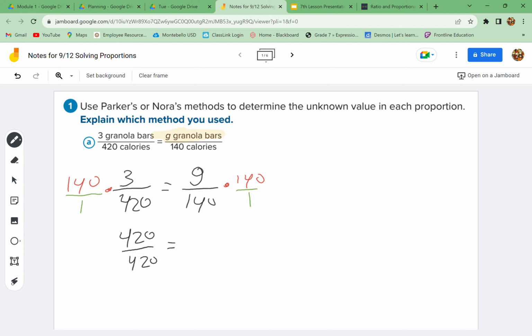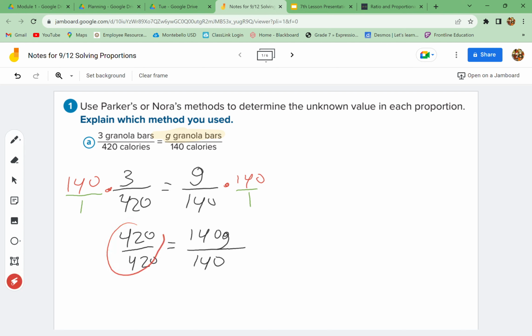Over here on this side, g times 140 would be 140g, divided by, and 140 times 1 gives you 140.